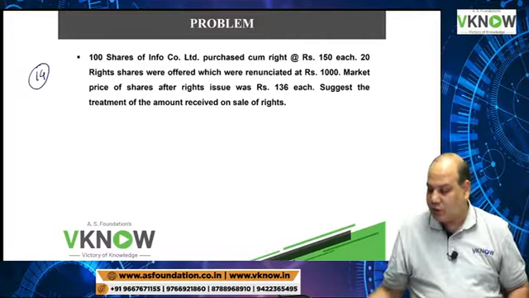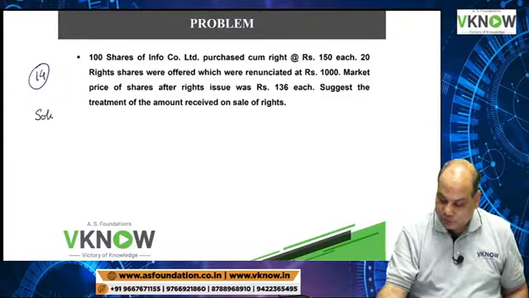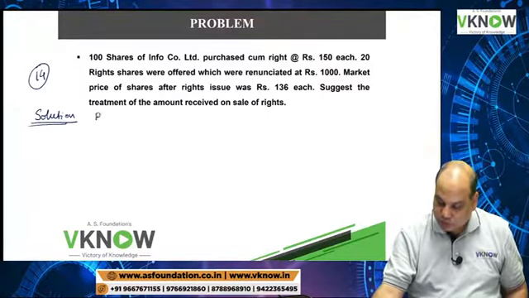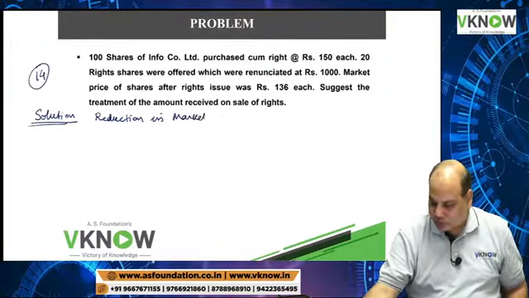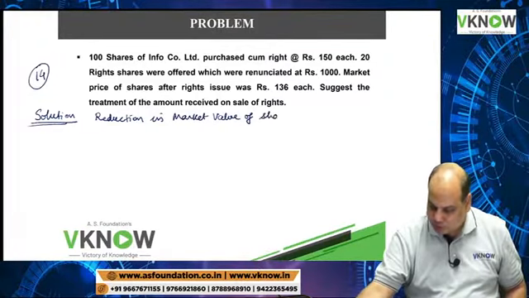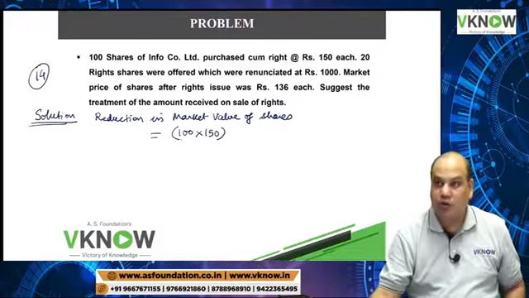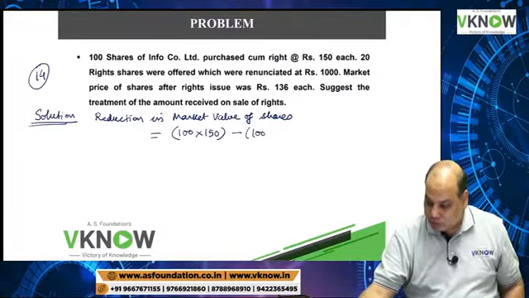Suggest the treatment of the amount received on sale of right. So this time the market price has gone down a lot. So what is the reduction in market value of shares? It will be 100 into 150 minus 100 into 136.